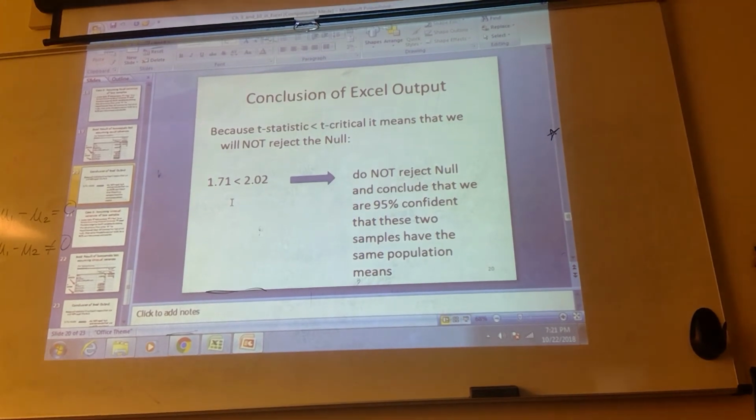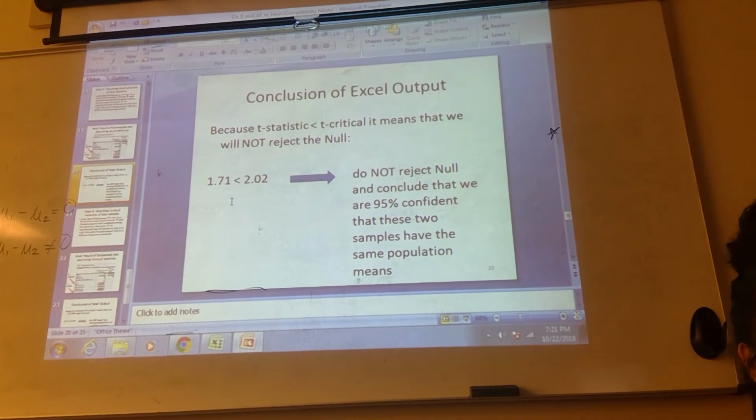We do not reject the null hypothesis and conclude that we are 95% confident that these 2 samples have the same population means. And it should be the same thing, because we're doing the same set of data.